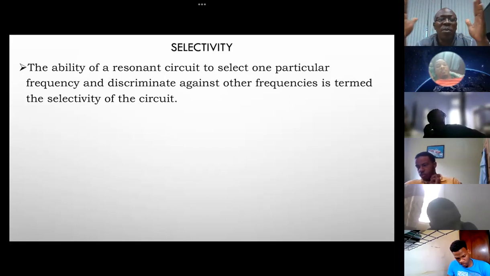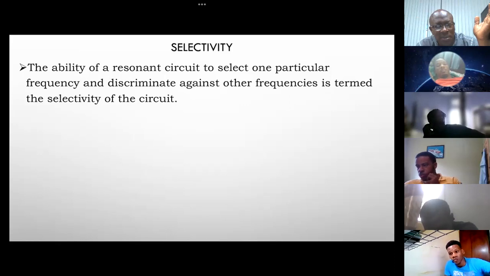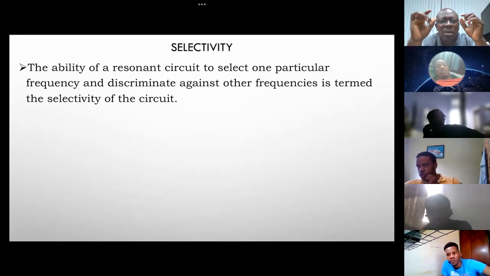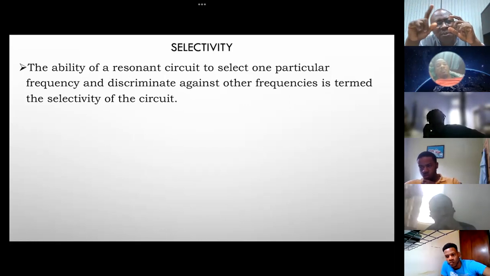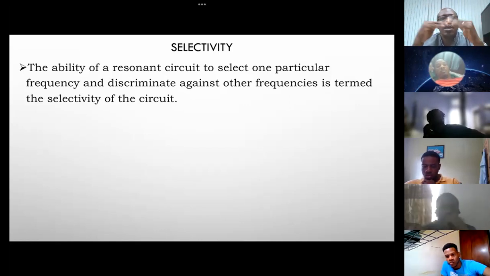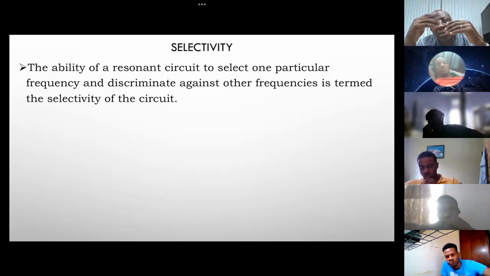But as you move away from that frequency, you're going to start getting distortion. The ability of your circuit to select a particular frequency and then discriminate against the frequencies outside of that is known as selectivity.